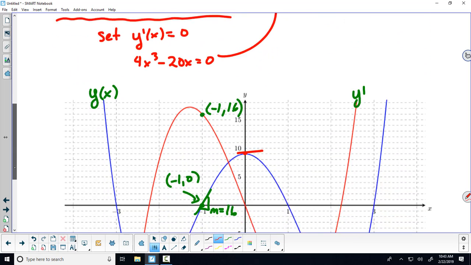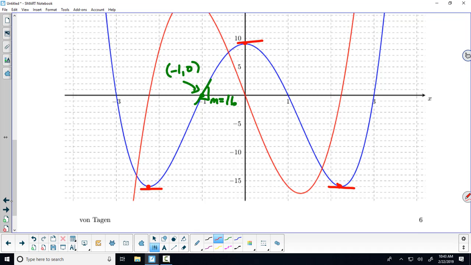What am I saying? I'm saying that the 3 places where this function is going to have horizontal tangent lines is at x equals minus the square root of 5, at x equals 0, and at x equals the square root of 5.